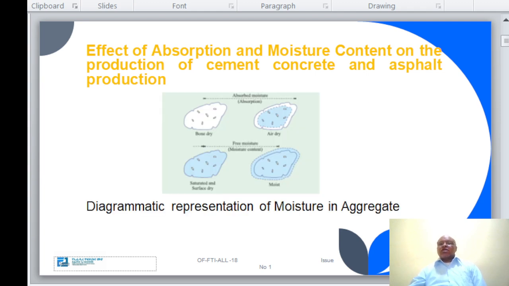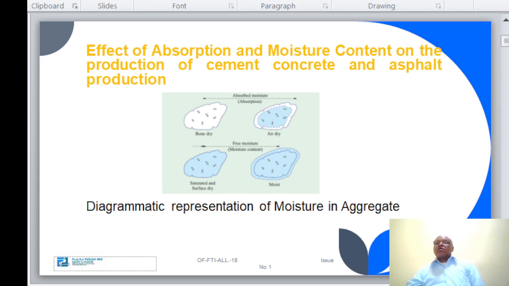This is the diagrammatic representation of moisture in aggregate. Here we can see dry aggregate. Here is saturated aggregate, which is surface dried.